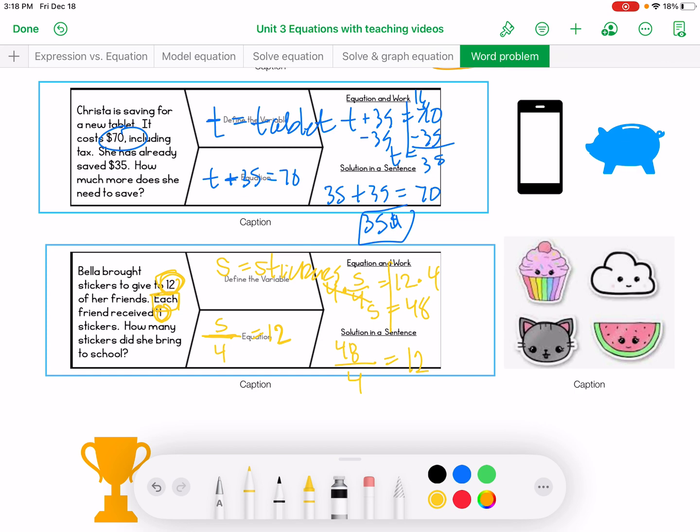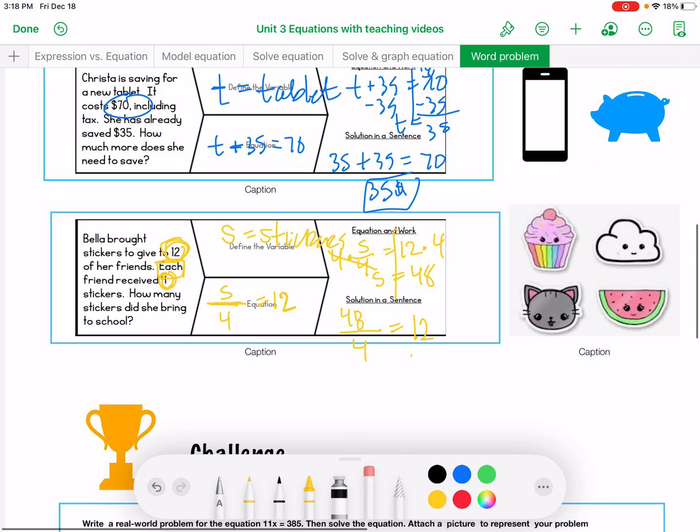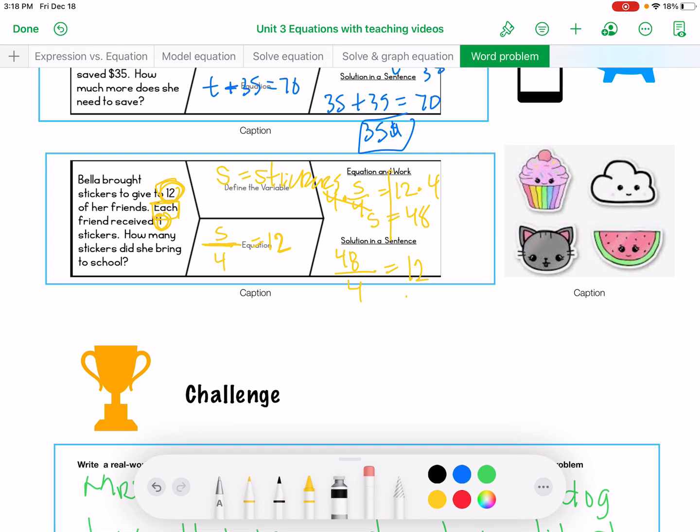Each friend received 4. You could also set up this way. Stickers divided by 12 would still equal 4, and you could times each side by 12, and you're going to get 48. Okay? If you see it that way. 48 stickers.